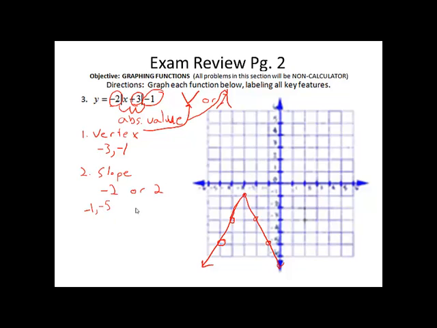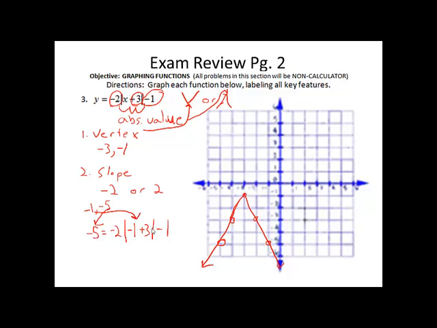Let's plug those numbers in for y and x and see what we come up with. So we have negative 5 equals negative 2 times the absolute value of negative 1 plus 3, minus 1. Again, we took our negative 5 and put it in for y, and we took our negative 1 and put it in for x.